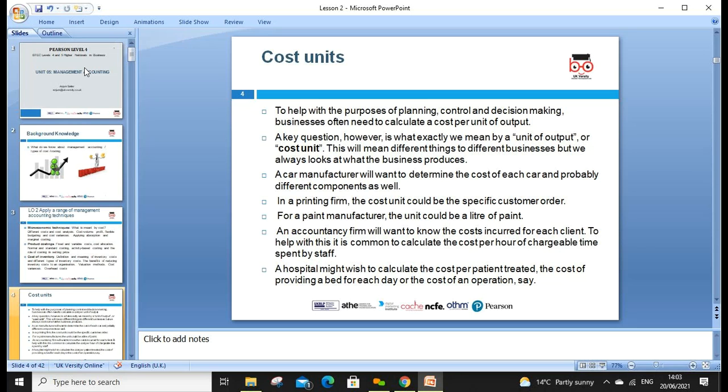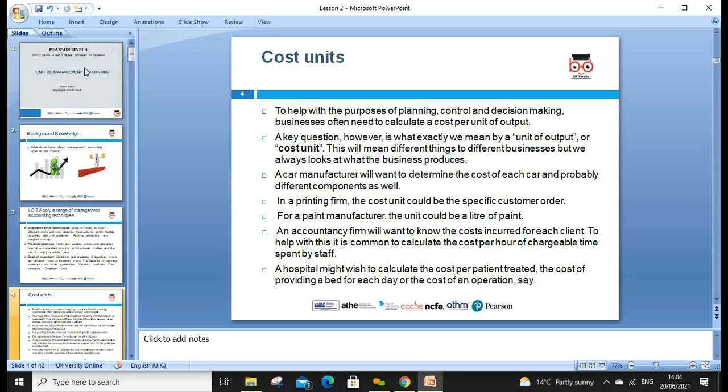A car manufacturer will want to determine the cost of each car, and probably the different components as well. In a printing firm, the cost unit could be a specific customer order. For a paint manufacturer, the unit could be a liter of paint. An accounting firm will want to know the cost incurred for each client.